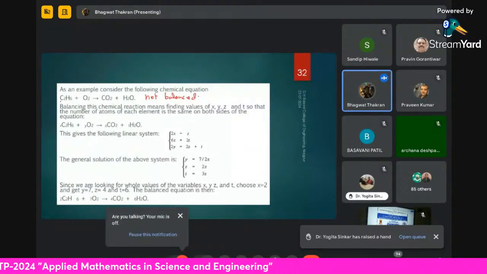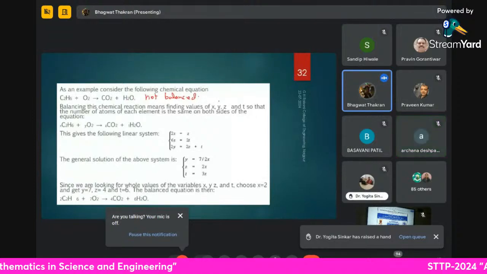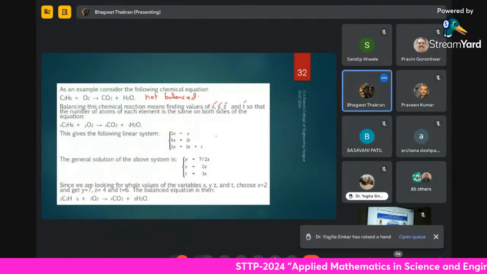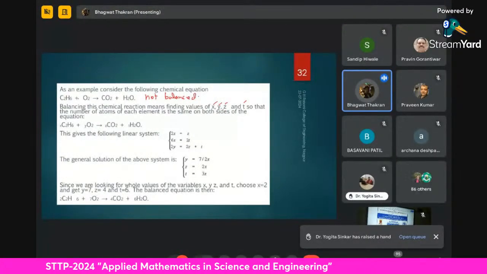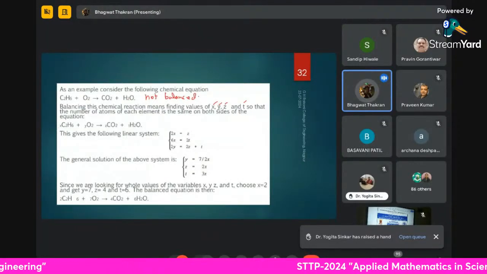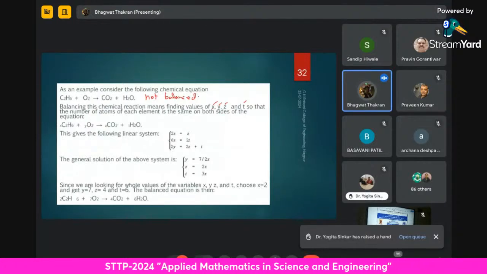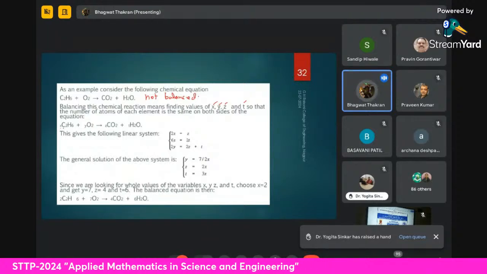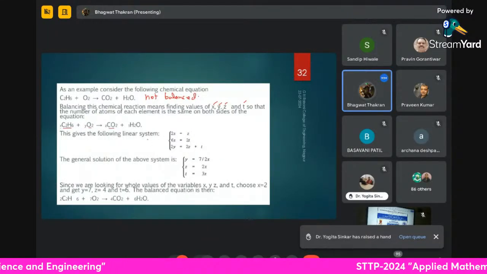So I'll choose four scalars: X, Y, Z, and T. The way this equation can be balanced gives rise to a linear combination of X, Y, Z, T: X multiplied with the vector C2H6, Y multiplied with the vector O2, Z multiplied with CO2, and T multiplied with H2O.